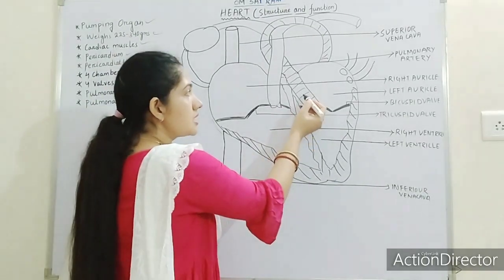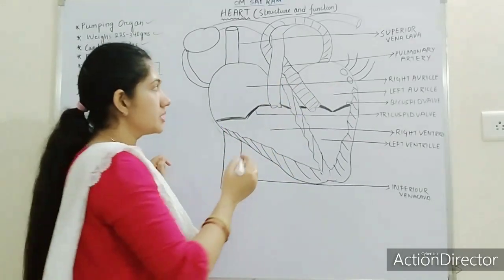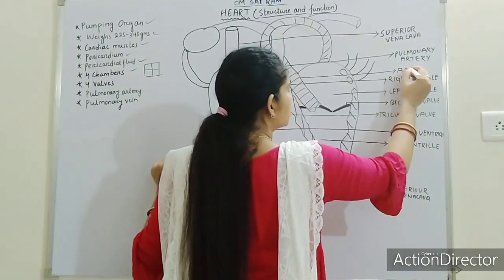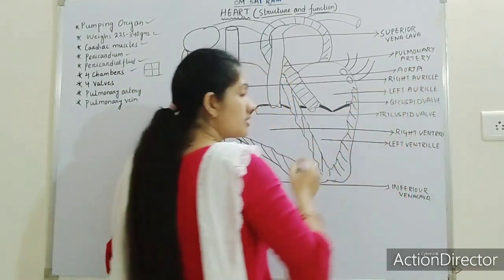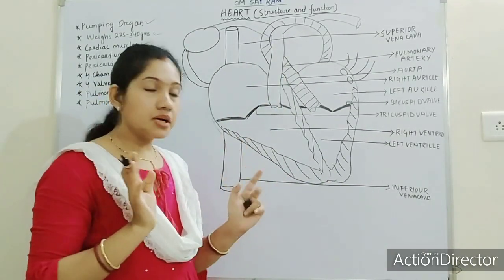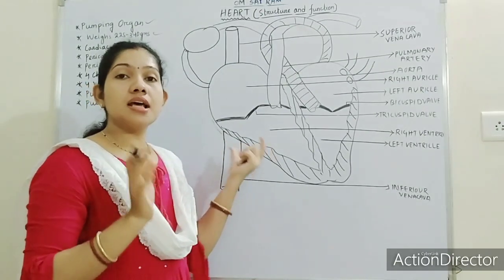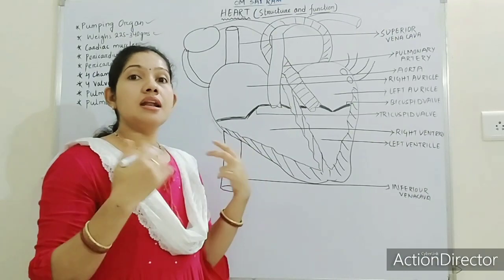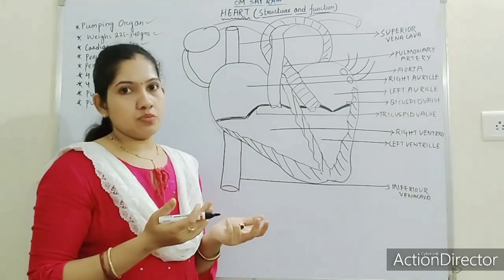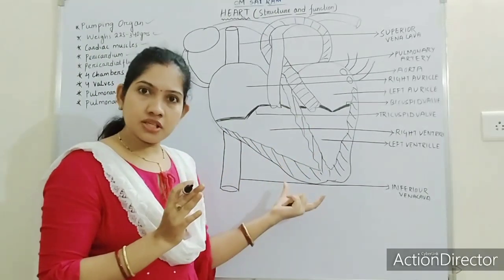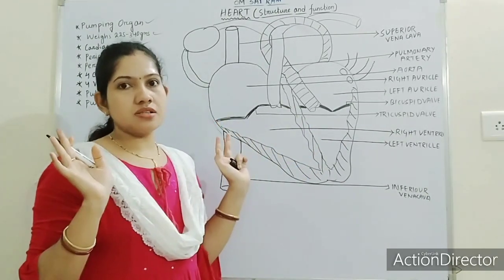This is called the aorta. The aorta is the largest artery in the human body. Remember, vena cavas are the largest veins in the human body. Aorta is the largest artery in the human body. Here I am first discussing the structure, then we will discuss the function.